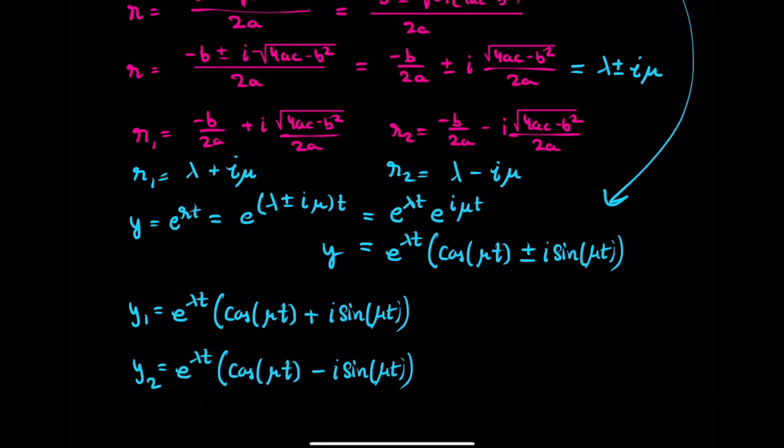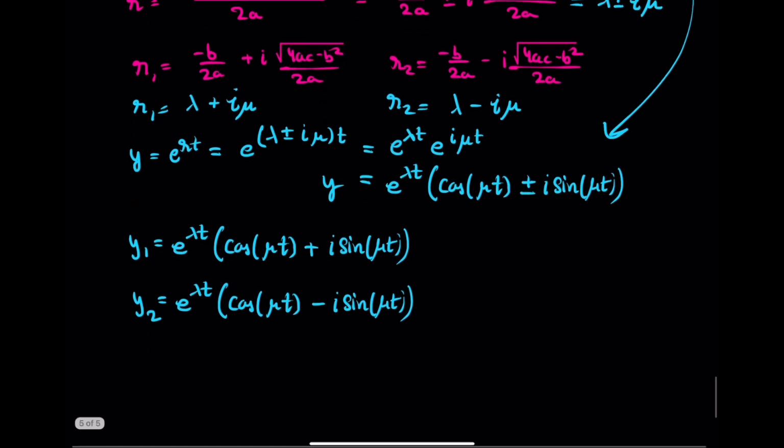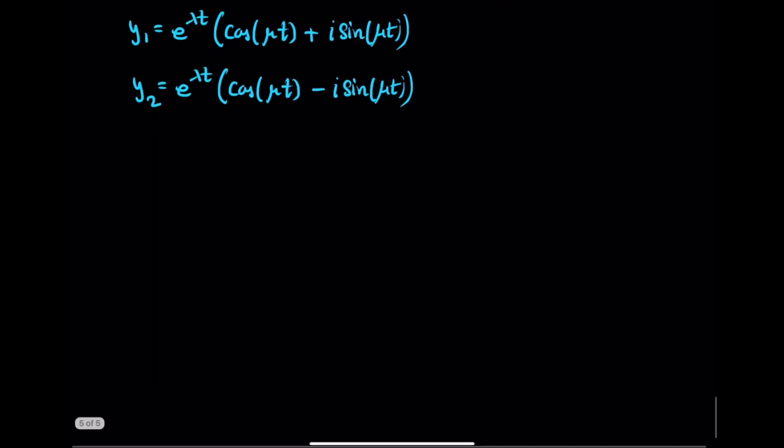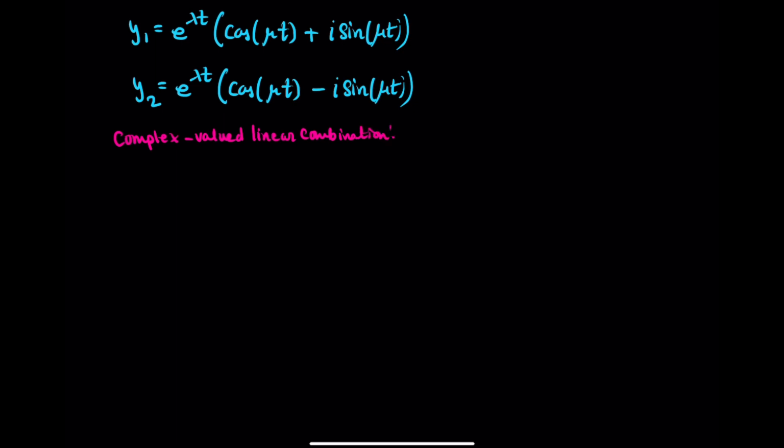That's great. Now, with that in mind, I'm going to put this in general form. We can call this the complex valued linear combination, and it looks like y equals c1 y1 plus c2 y2.